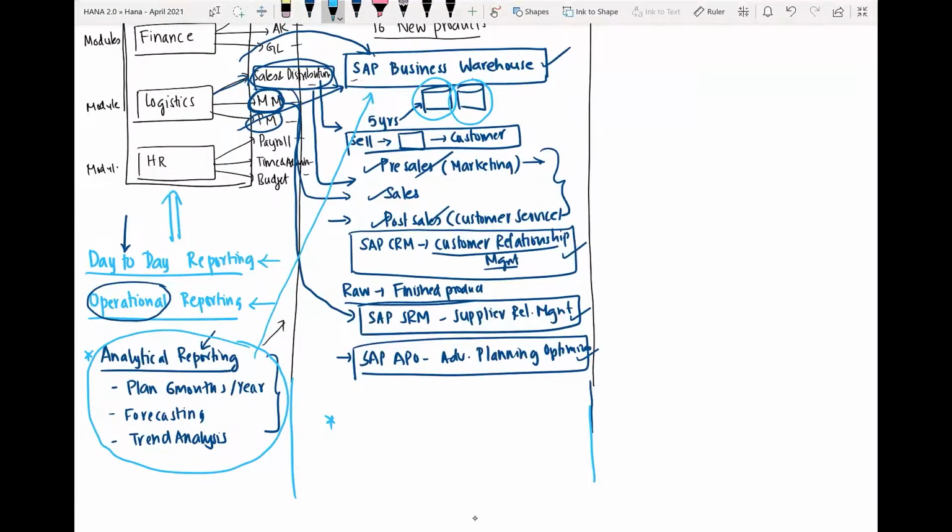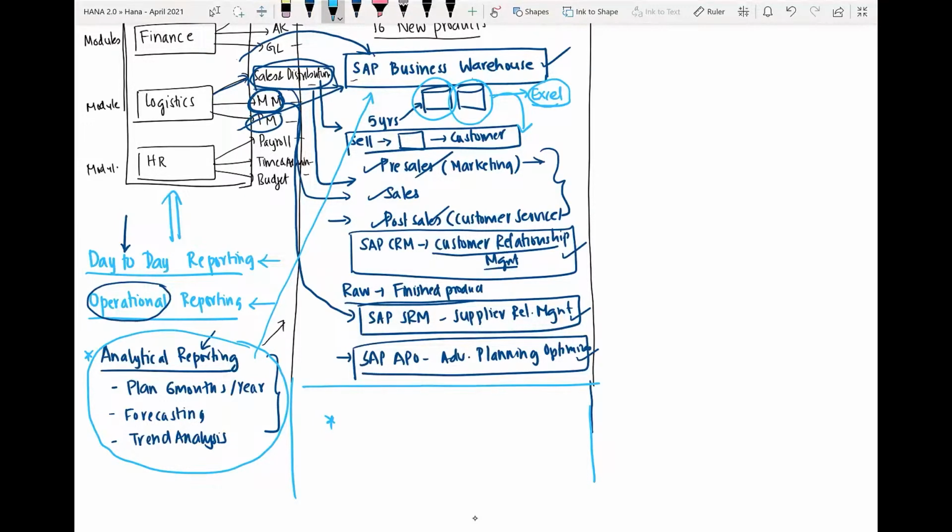But at this point, SAP by itself did not have a set of reporting tools that can present this information in a better way. The type of tools that SAP was dependent on was Excel based and things like that. Very rudimentary, or it had to go to another company's reporting tool.